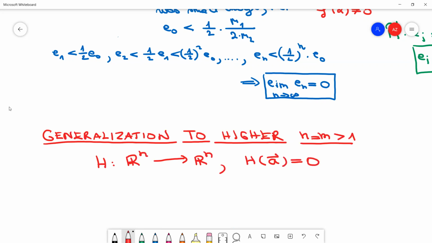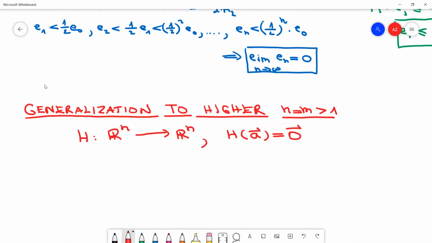And in the tangent method, what we did was choose x0, and then in the second step, calculate x_{r+1} as x_r minus, and now I will write this in this form, h derivative of x_r, so h derivative in x_r, times h of x_r.